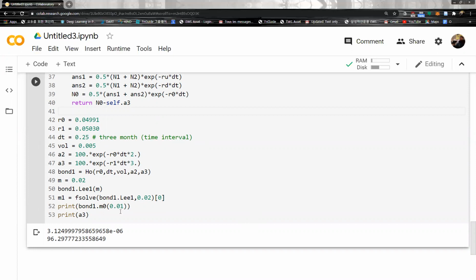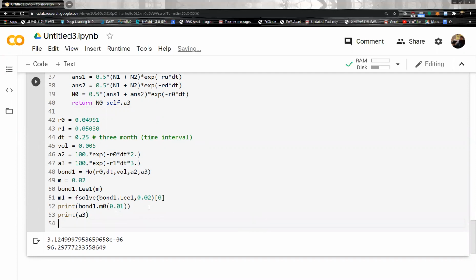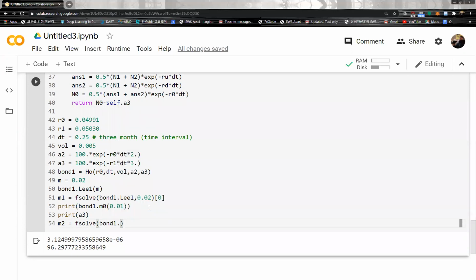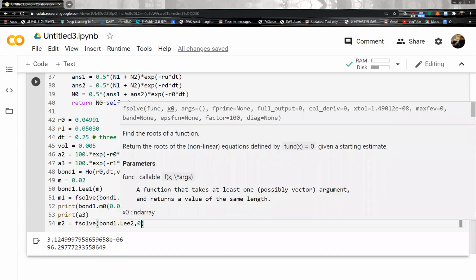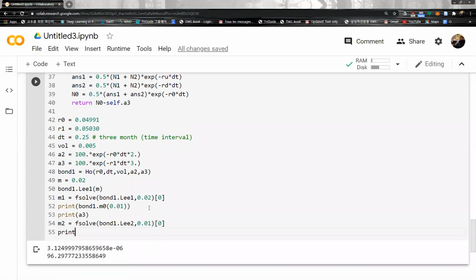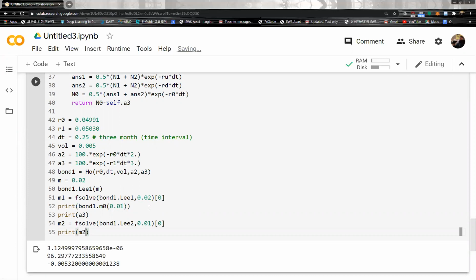Now M2 equals fsolve, bond 1 and then Li 2, and then let's pick initial value 0.01 and then pick this first one, okay? And then print. Okay, so apparently we found the answer.